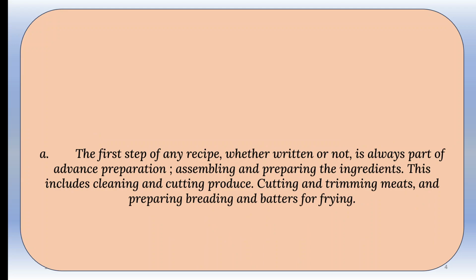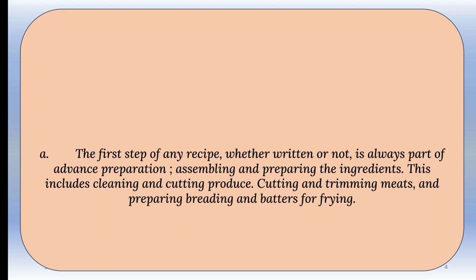Then the first step of any recipe, whether written or not, is always a part of advanced preparation: assembling and preparing the ingredients. This includes cleaning and cutting produce, cutting and trimming meats, and preparing breading and batters for frying.